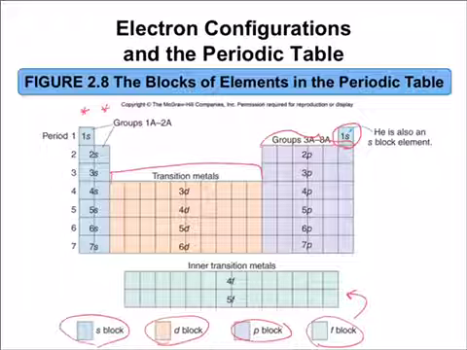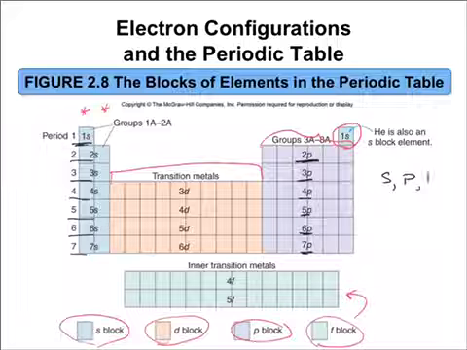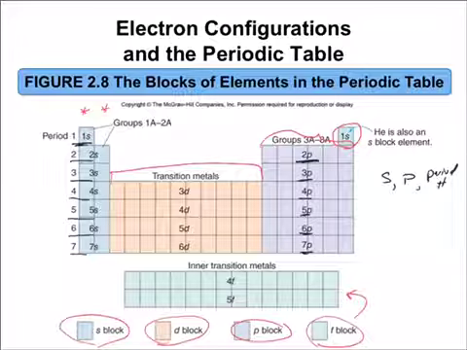The second thing you have to notice is kind of funny. Notice that in the S block, period 1 is 1s. Period 2 is 2s. 3, 3s. 4, 4s. 5, 5s. 6, 6s. 7, 7s. You should also notice that in the P's, 2p, 3p, 4p, 5p, 6p, 7p. In terms of the S and P, this is the period number.